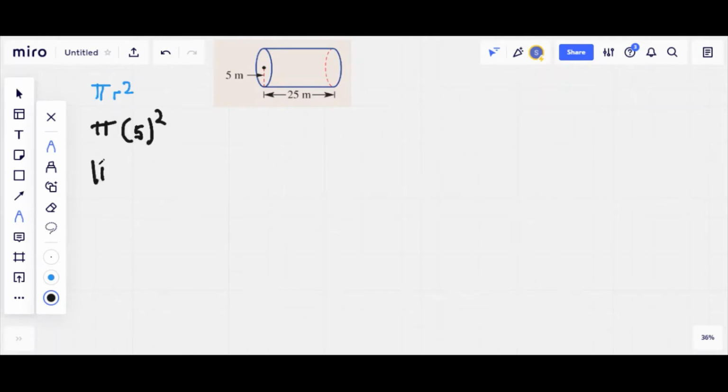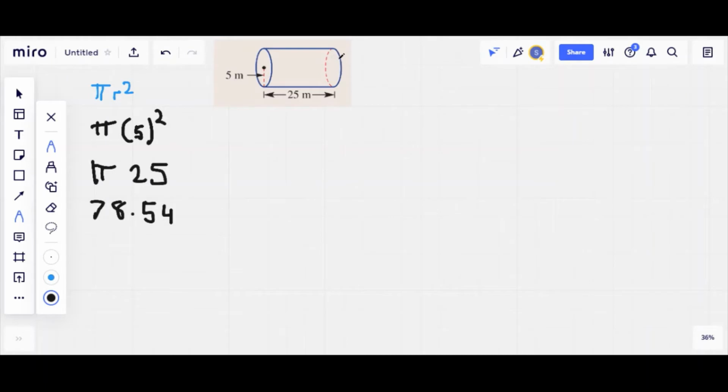So that'll give us pi multiplied by 25. We pop that into the calculator, or you could work that out. 25 pi will give you 78.54, rounding to 2 decimal places. So that's the area of one of these circles.